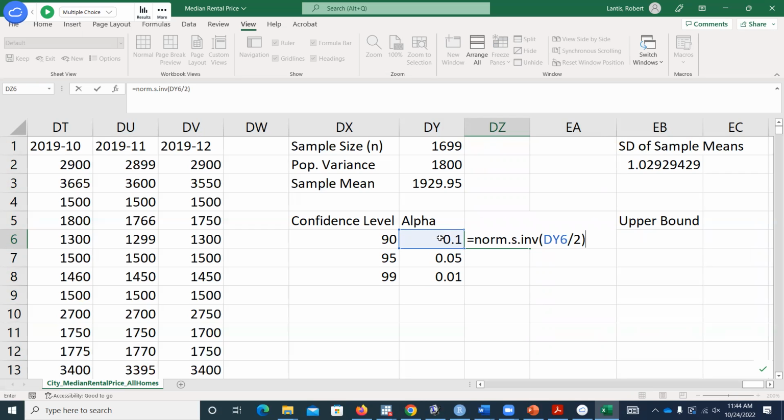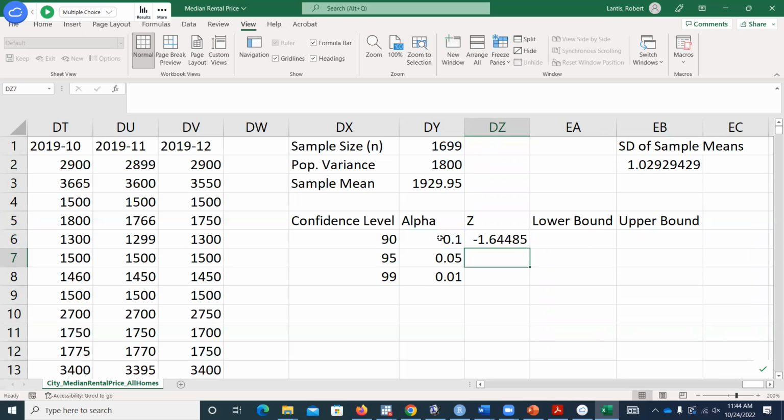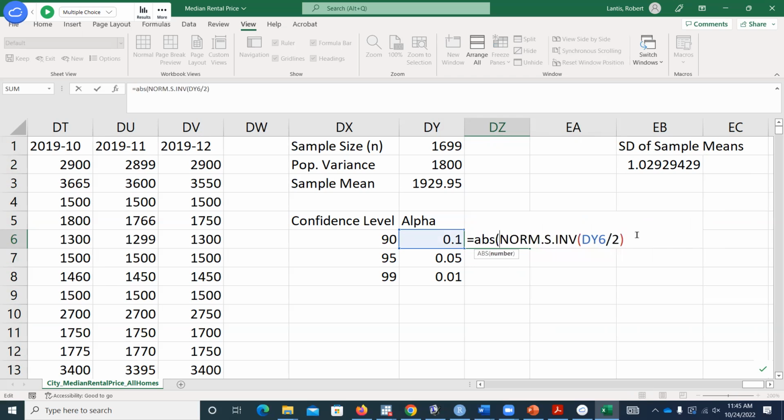Now, one problem with doing this in Excel is when we look this up in the table, we said we're always going to get the negative z value. So if I hit enter here, sure enough, I get that negative. I can be more precise. It's not negative 1.65 now. It's 1.64485. The problem is when I start building my confidence interval, the positive and negative sign are already built into that lower and upper bound equation. So I just want the absolute value, right? So to drop that negative sign, I can just take the absolute value here, and it should drop that negative sign for me.